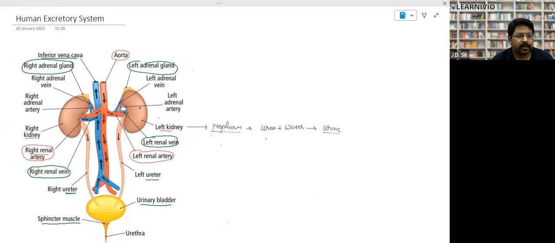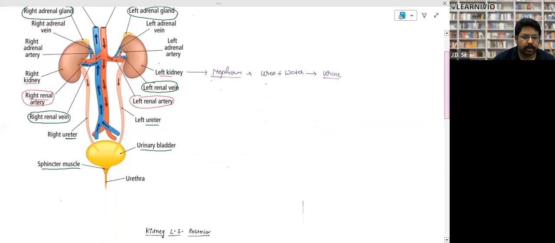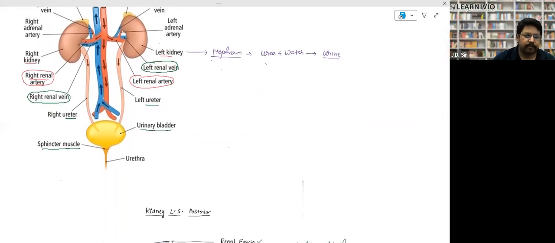Now, the kidney, which have already taken urea plus water, means that urine is transferred to the chamber with the help of these pipeline. These two pipelines, they are called ureter, left ureter and right ureter. Both of the ureter, they pour the urine in urinary bladder, right? Now, urinary bladder get filled.